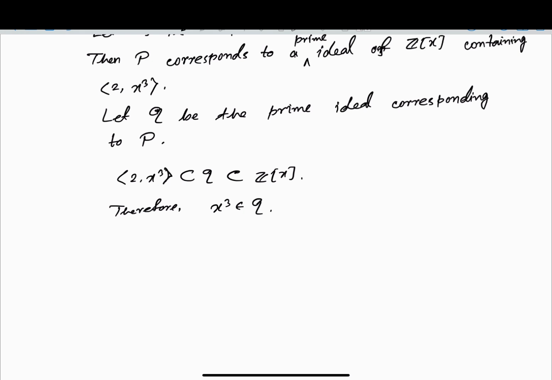And Q is a prime ideal, which means that either x or x square belongs to Q, because x cube you can write as x into x square. So if x belongs to Q, then it is fine.